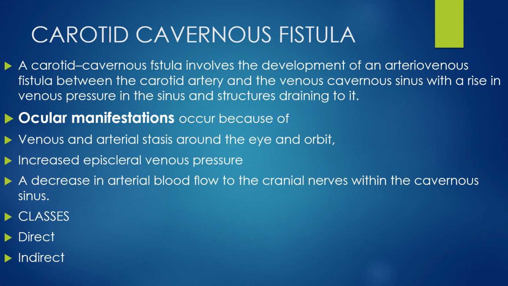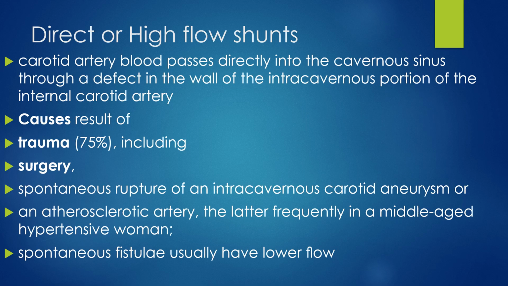Ocular manifestations occur because of venous and arterial stasis around the eye and orbit, increased episcleral venous pressure, and a decrease in the arterial blood flow to the cranial nerves within the cavernous sinus. It has been classified into two, the direct and the indirect.